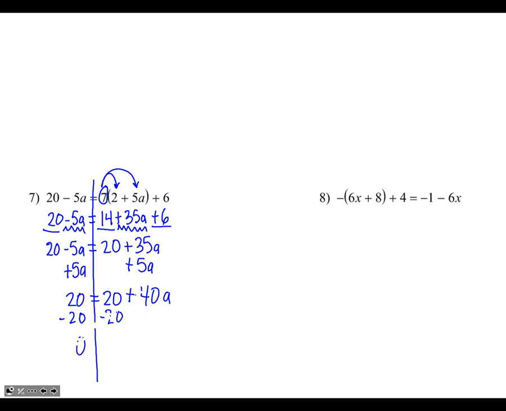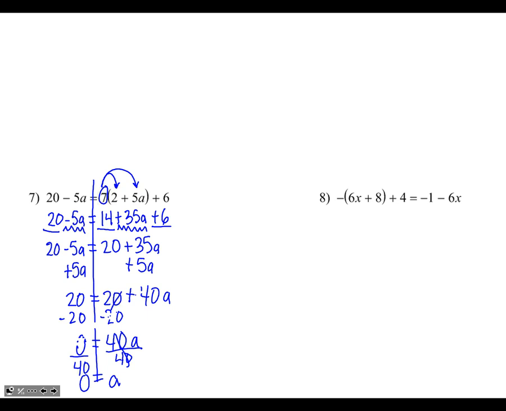Guys, that's a perfectly valid number. For some reason, kids get freaked out when they see a 0, but we're just going to go with it. I got 40a left over here. Okay, to get rid of that coefficient, I divide by 40. And what's 0 divided by 40? That's just 0. So over here I have a equals 0.